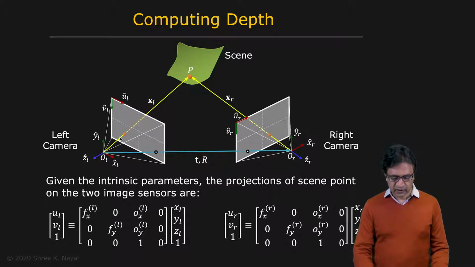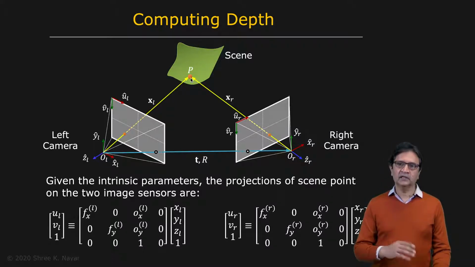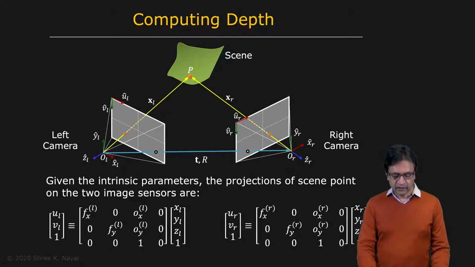So here is a point in the left image, here's the corresponding point in the right image. We essentially want to find the three-dimensional coordinates of the point P in either the left camera coordinate frame or the right camera coordinate frame. It doesn't really matter. So, given the intrinsic parameters which are known to us, the projections of a scene point on the two image planes, image sensors, are given by these two expressions right here.